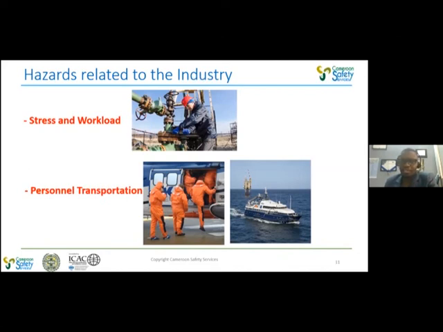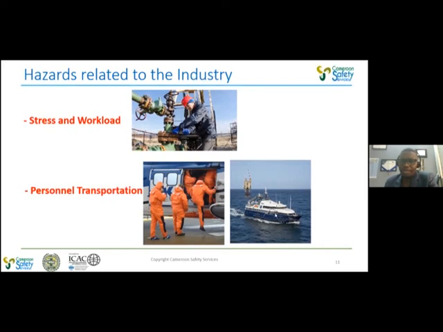And then for offshore personnel, they can go either by boat or by chopper. By chopper, there is a risk of the aircraft crashing, due to technical fault. And there's always a risk.